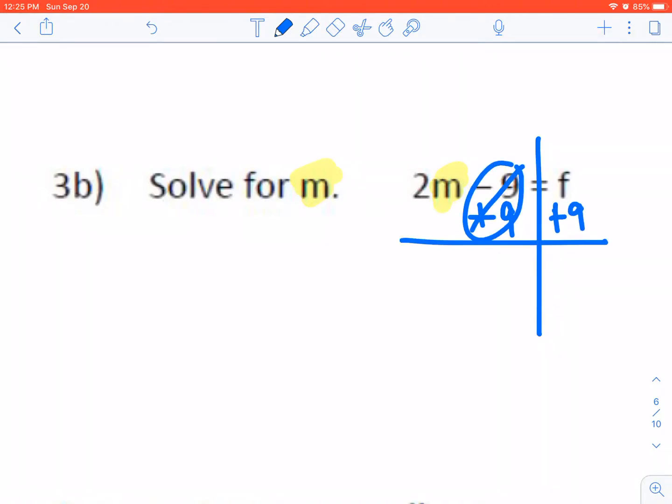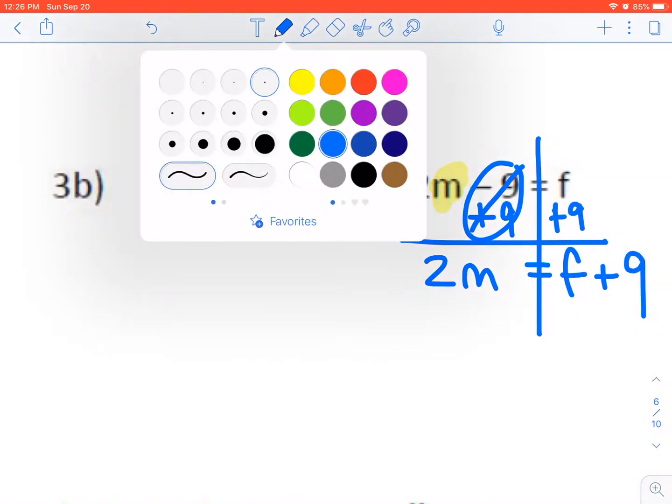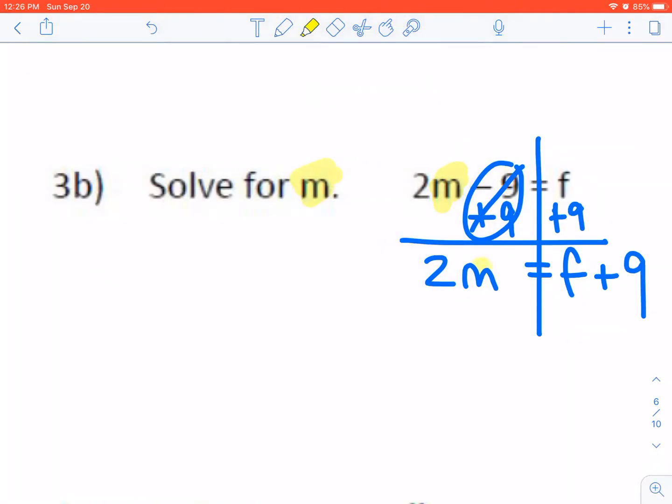And so the 9's, negative 9 and positive 9, zero out. So we have 2m equals, and now I have f plus 9. Can you put f plus 9 together into one piece? No, because they are not alike. You have an f piece, and then you have a plain number piece. Now we're going to try to get our m alone again.